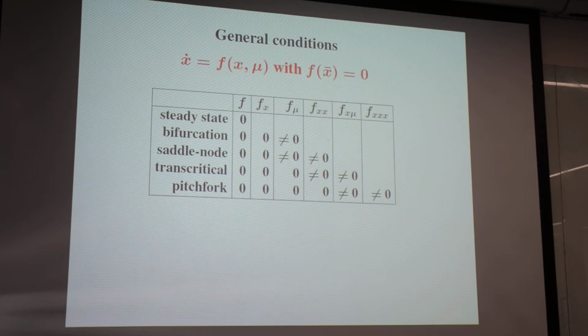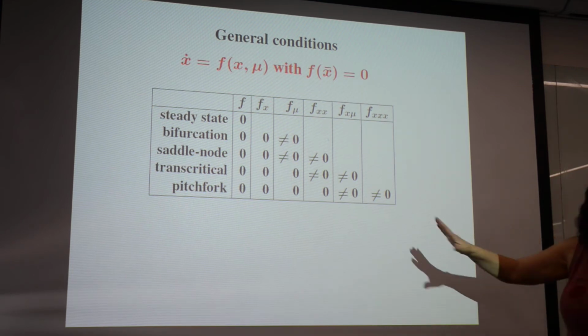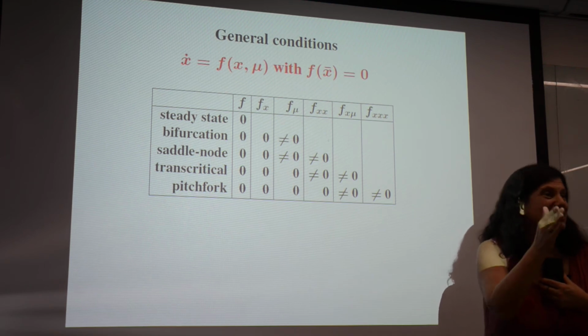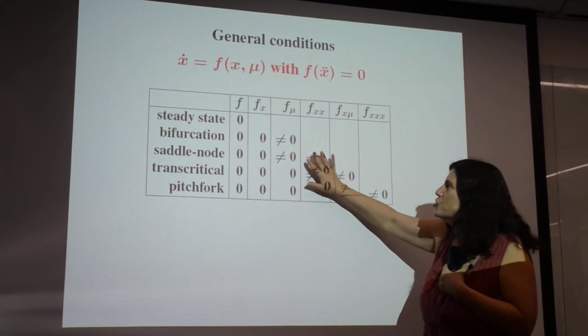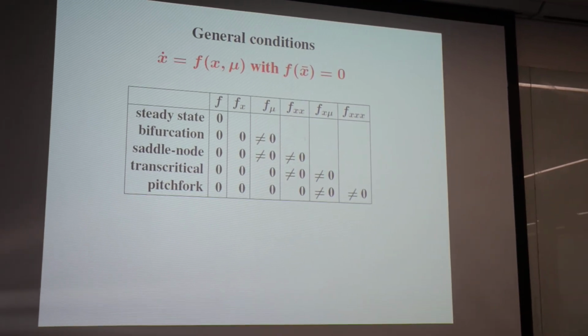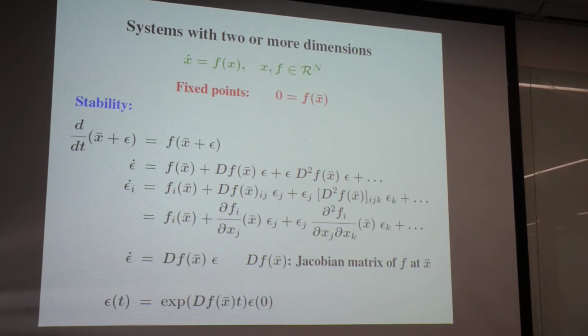Well, you would check for all these derivatives, and if they were positive, if they were zero, you would find it. Instead of having to rearrange everything to move all your fixed points and all the bifurcations to be at 0, you would just check all these conditions.